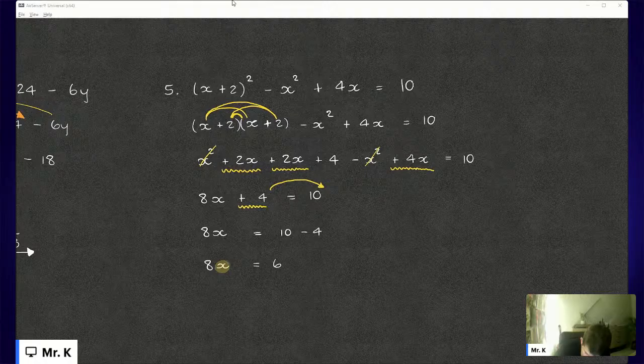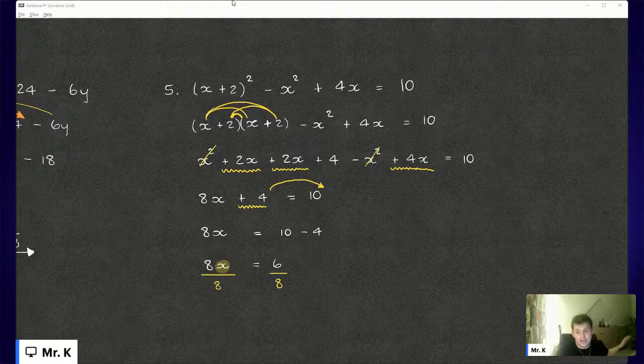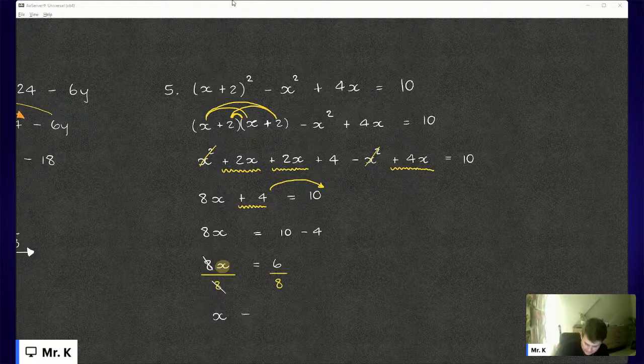Right now we have 8x and I just want x on its own, so we divide by 8. But whenever we divide an equation, we divide across the entire equation. Our 8's can cancel, leaving us x on the left-hand side, and 6 over 8 on the right-hand side can also be simplified to 3/4.